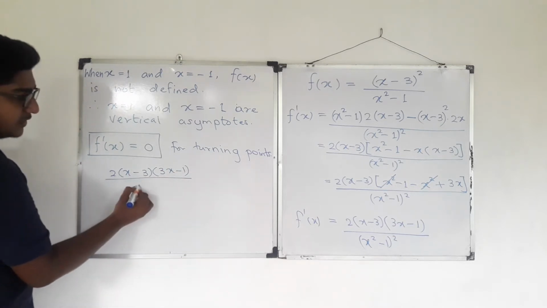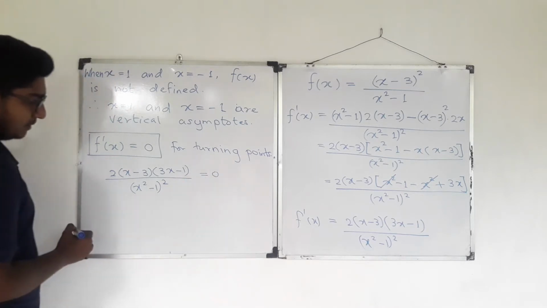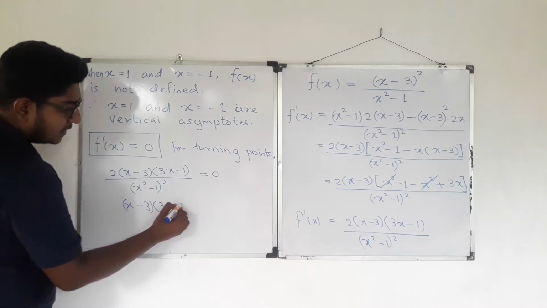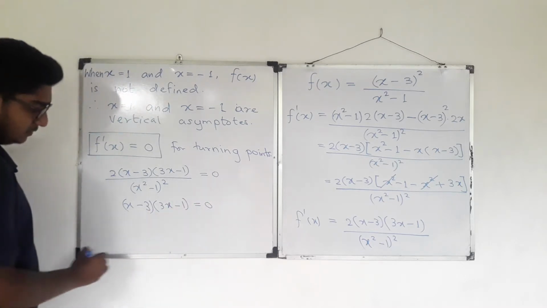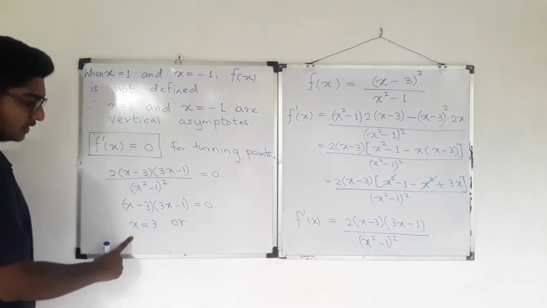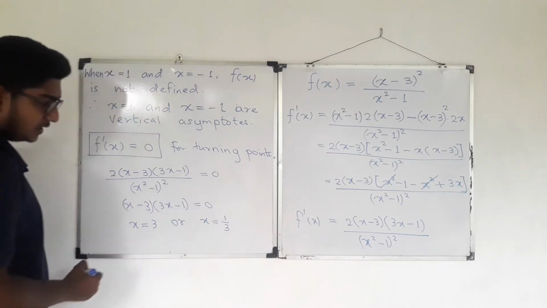This is the first derivative. Equate it to 0. From that, you can see (x minus 3) into (3x minus 1) becomes 0. That is, x equals 3, one root, or x equals 1/3, second root.